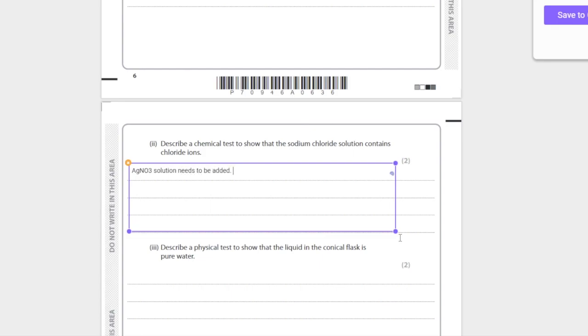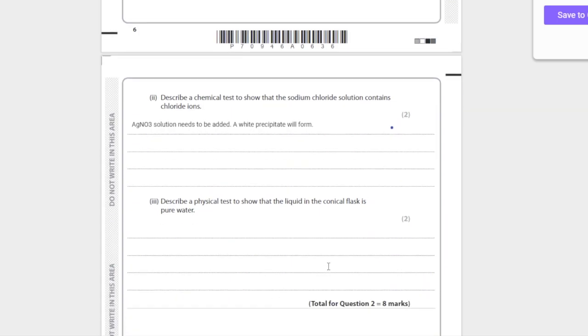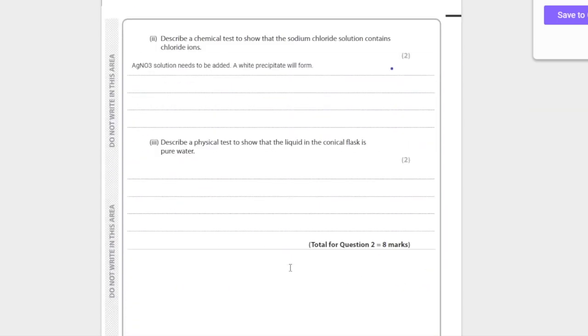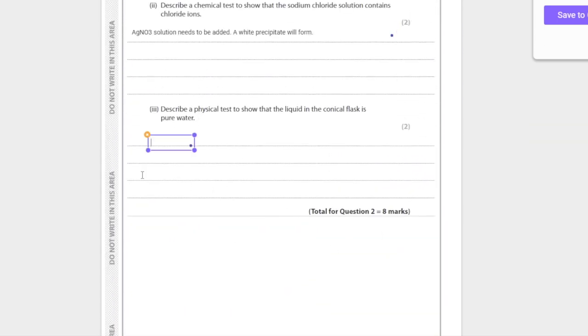Okay, and this is just theory, but you should know that if you add AgNO3, the positive test to show that it contains chloride ions is that a white precipitate will form. Unfortunately, this one's just theory. There's no other way to think about it. It's just how you need to know. You need to know your syllabus. You need to know how to do these chemical tests.